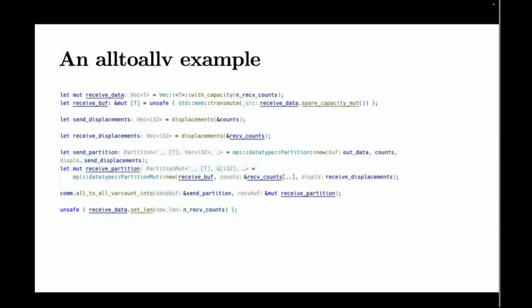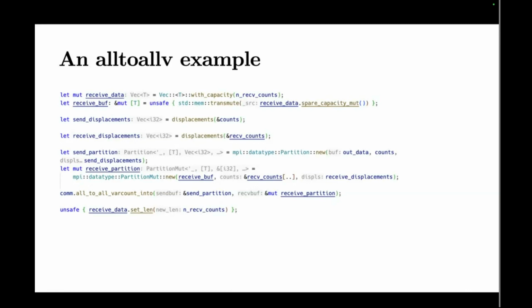I'm not going to go into details, but essentially we are creating a send partition and a receive partition, which tell us which data goes where in terms of the all-to-allv, and then we call the all-to-allv with the send partition and receive partition. One specific thing: if you look at comm.all_to_all_varcount_into, the second line from the last, there's a reference to the send partition and then a &mut reference to the receive partition.